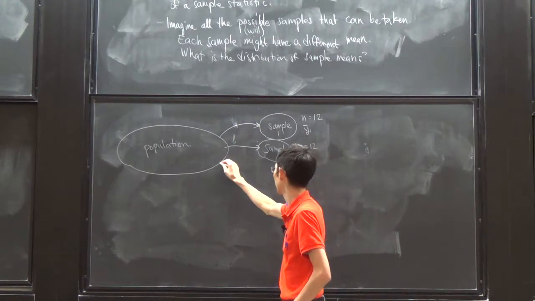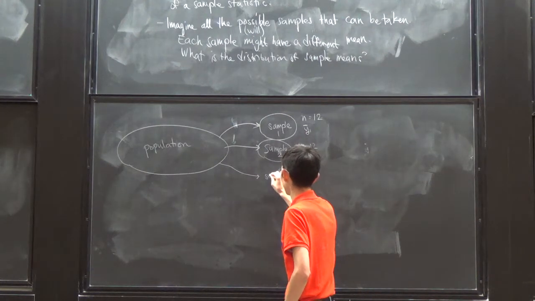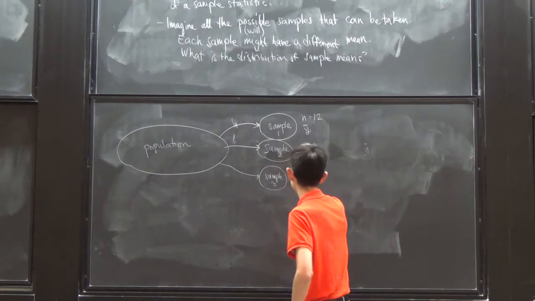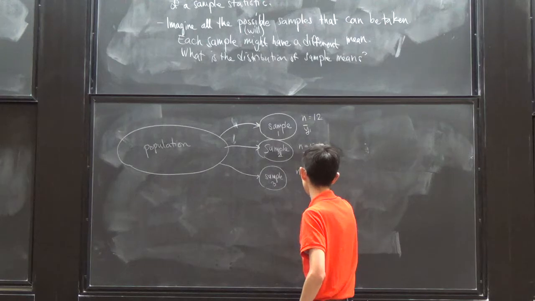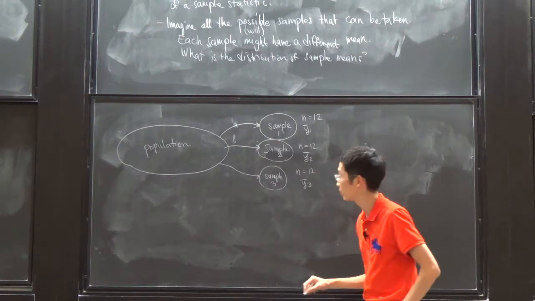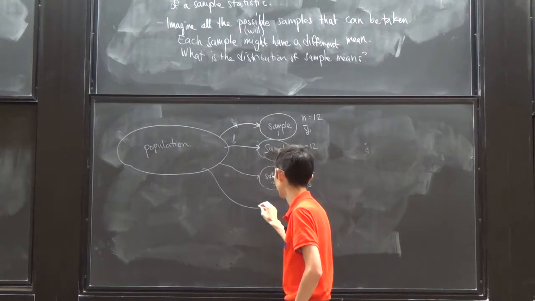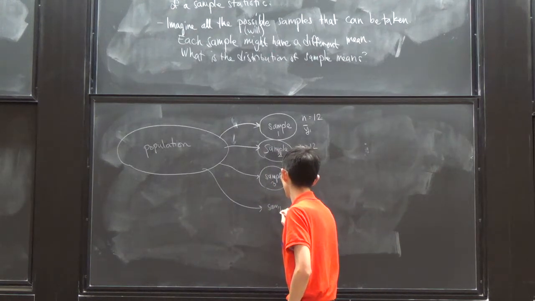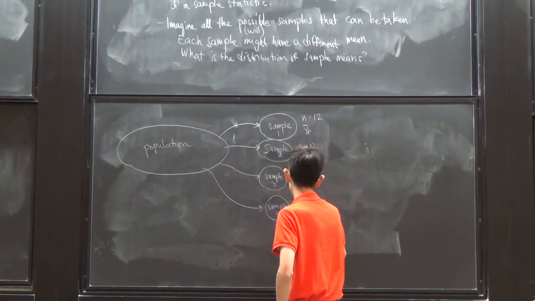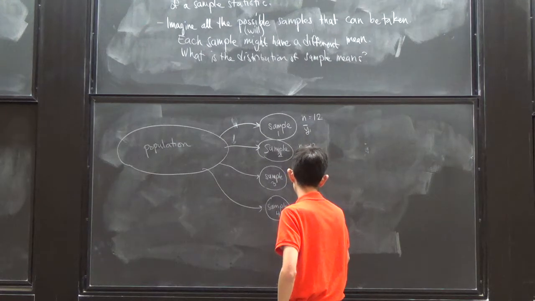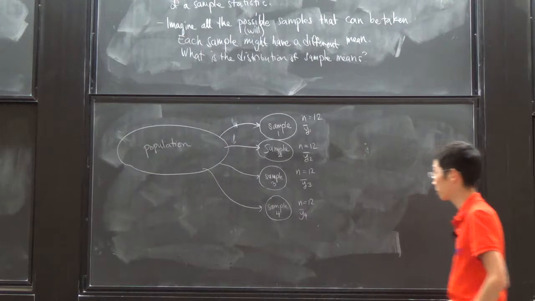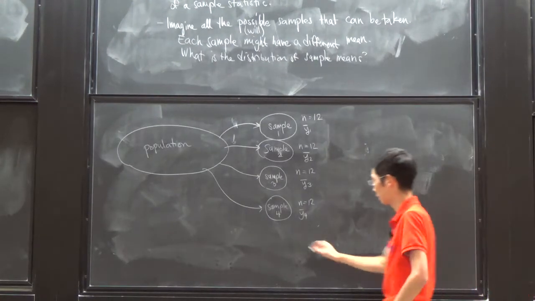Maybe I draw another random sample, sample 3, also of size 12, and I calculate the mean of that sample. And I do it again and again and again.